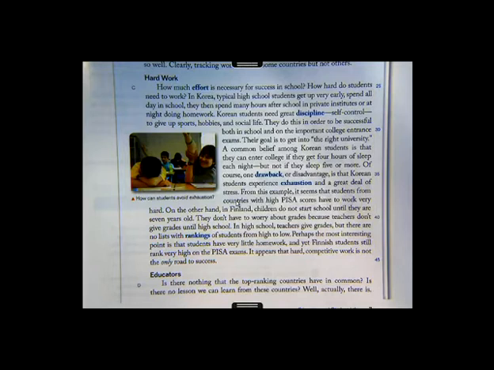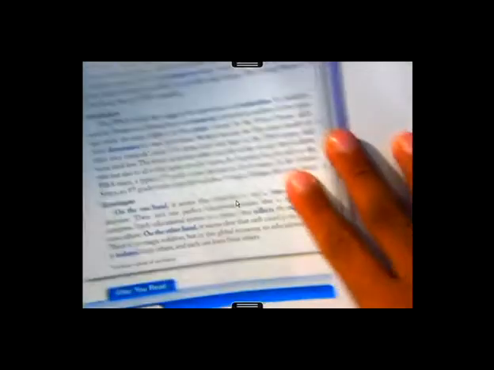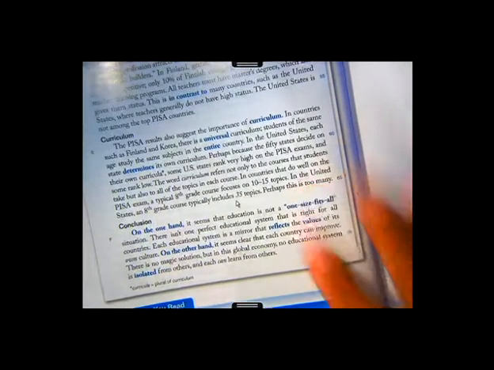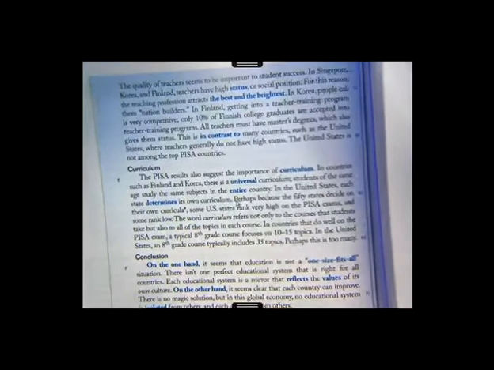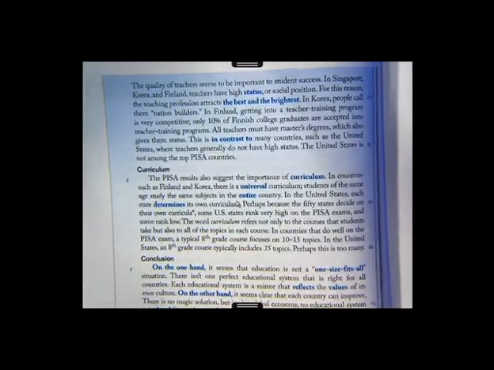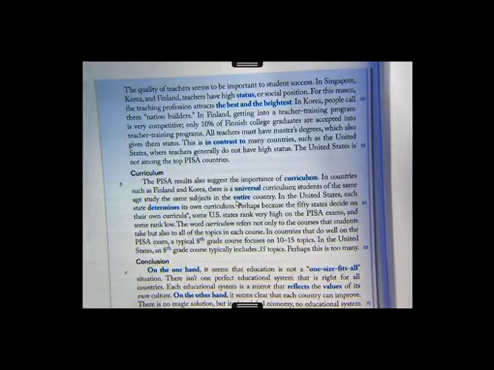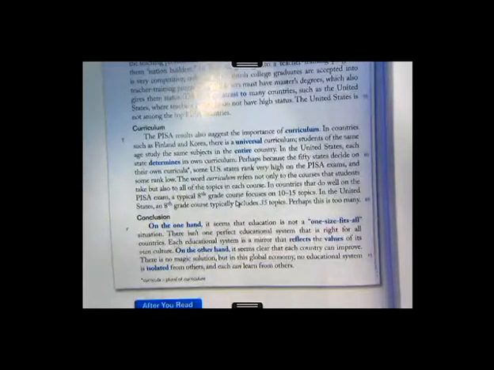So read this part as well. When you are finished, go to the next part. Once you are done with it, read the conclusion.